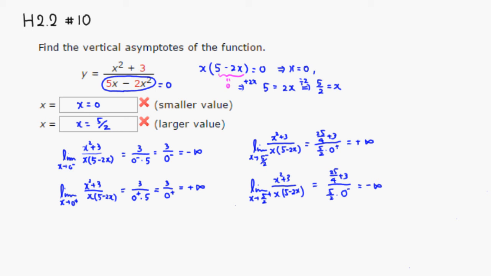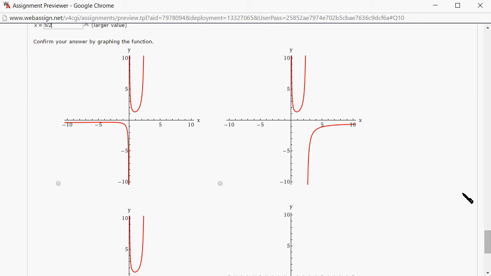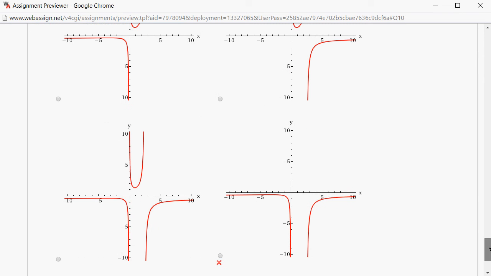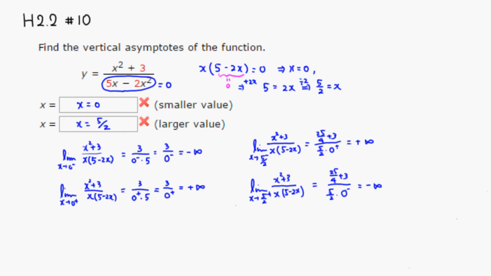Let's see if we can find that. The first one goes to negative infinity, so the first one is good. The second one has no picture, so it's not going to be it. The third one goes to negative infinity, and this one also goes to negative infinity, so those are still okay. Coming from the right, it goes to positive infinity.